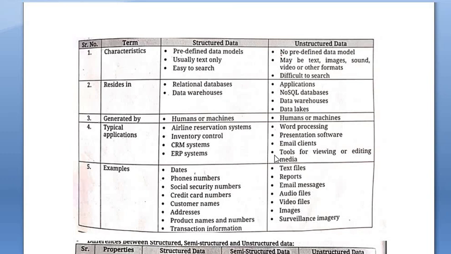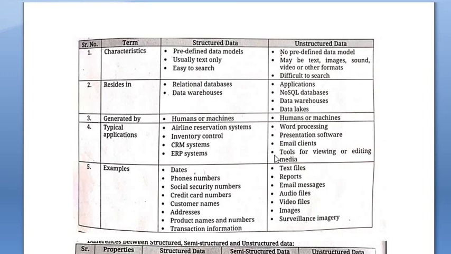Now jumping on to unstructured data, there is no predefined data model, which can include text, images, sound, video, or other formats which are very difficult to search. It resides in applications. For example, your WhatsApp contains your voice record messages.